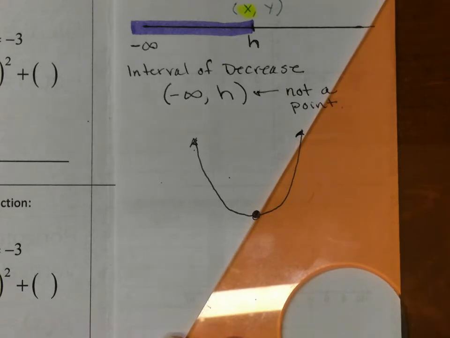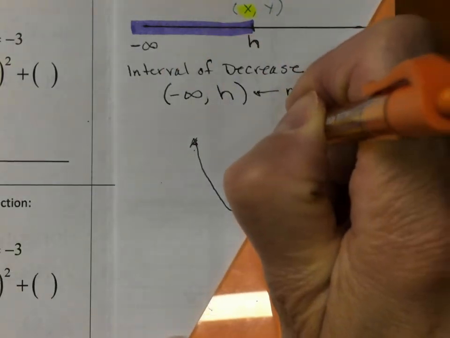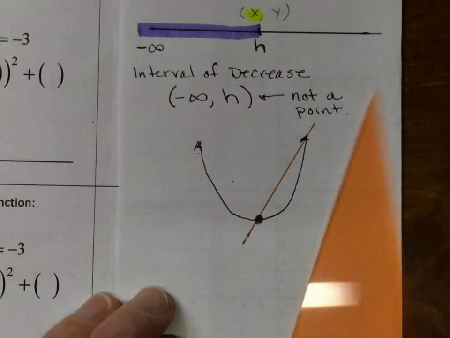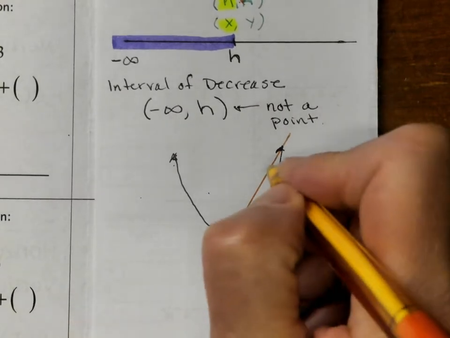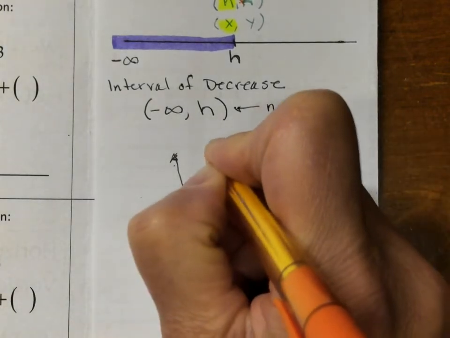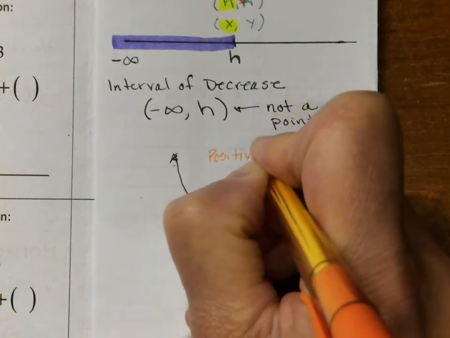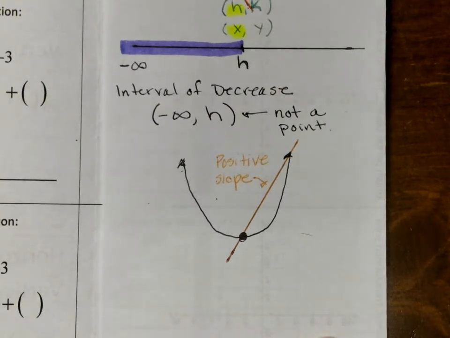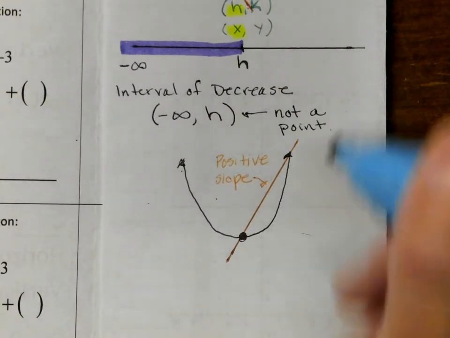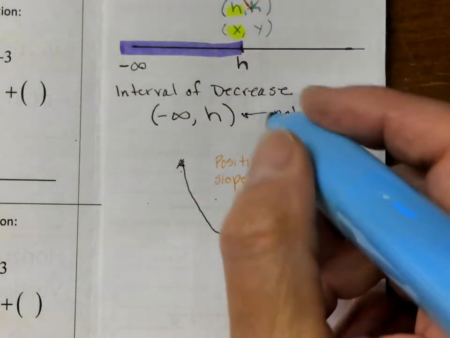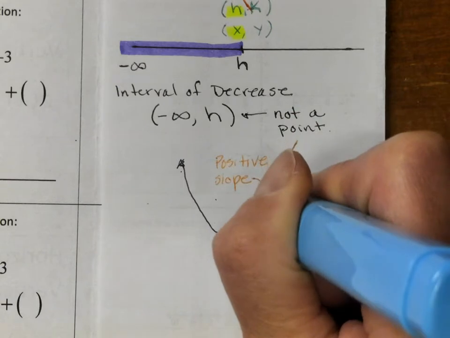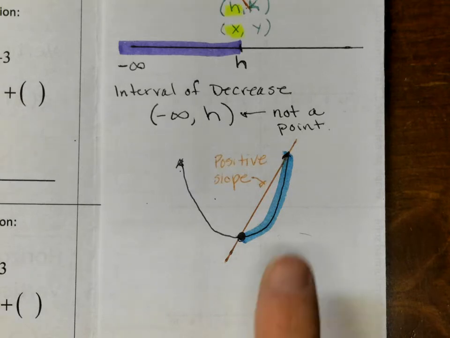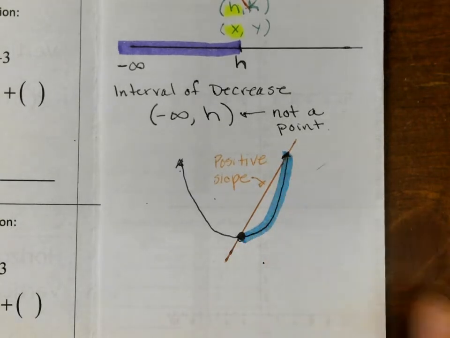I'm going to draw my ruler from that arrow through the vertex, and I'm thinking, wow, that is a positive slope. Okay, that line there is a positive slope. So that means this section here is increasing. Oh, I just realized I colored it wrong on the top. I switched my colors. We'll correct that in a minute.